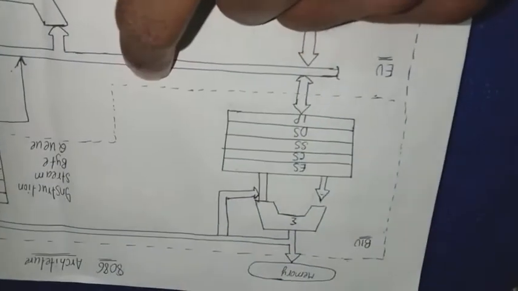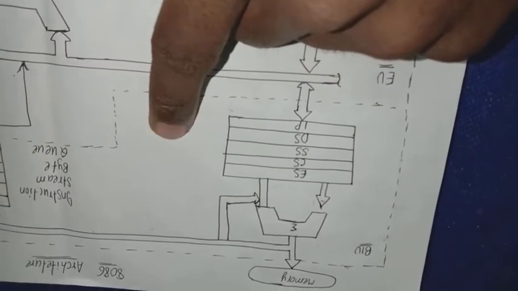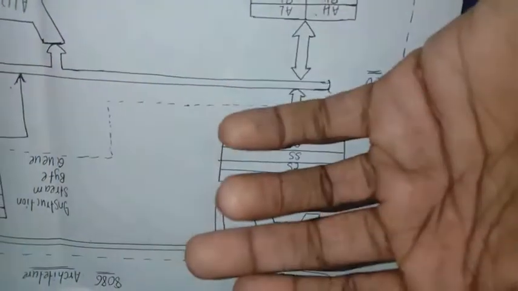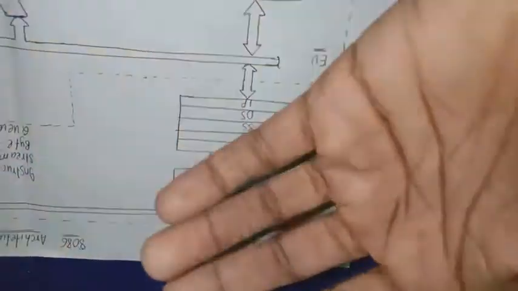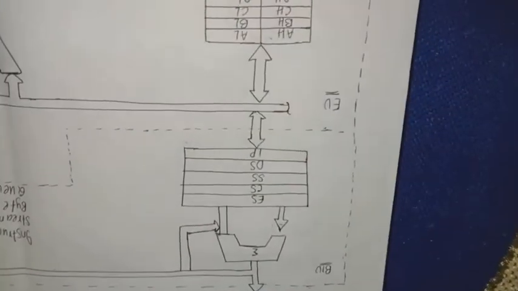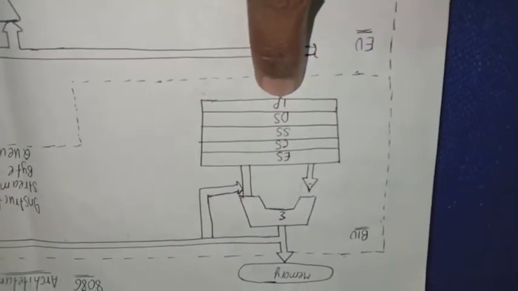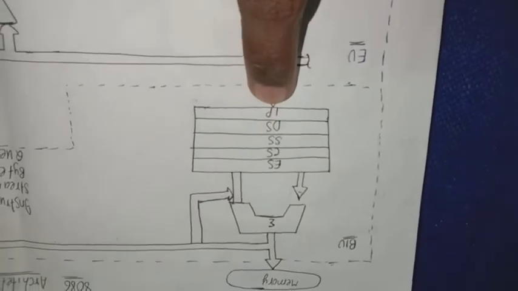That is, if it is fetching or executing the sixth instruction, then the index pointer stores the address of the next instruction.